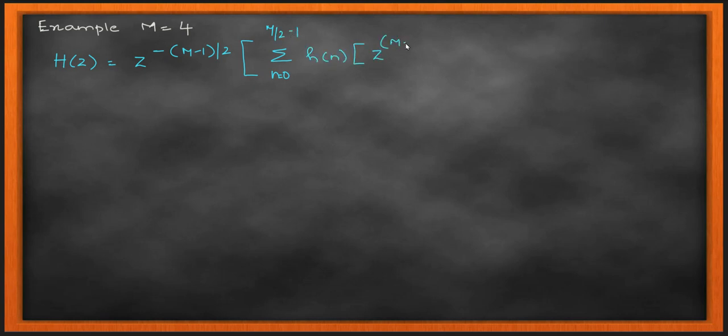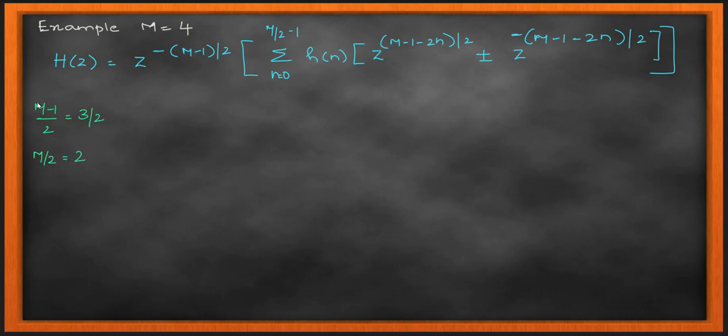You have to just know these summation bounds, because before it was m minus 3 by 2, when m is odd, and now when m is even you have m by 2 minus 1. Good. And now I'm going to put in m equal to even, and see what my equation for my FIR filter turns out to be.